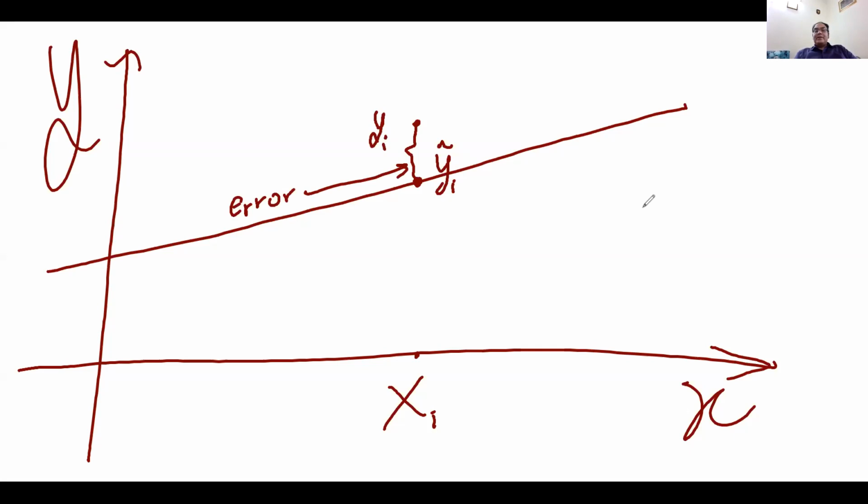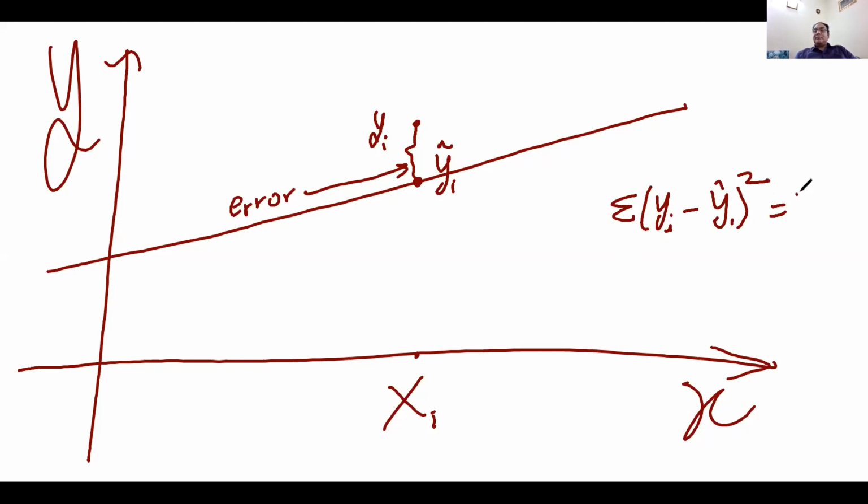If I take the actual value minus the predicted value, calculate it for all the values and take the sum of the squares, this is the sum of the residual square of all the X values.